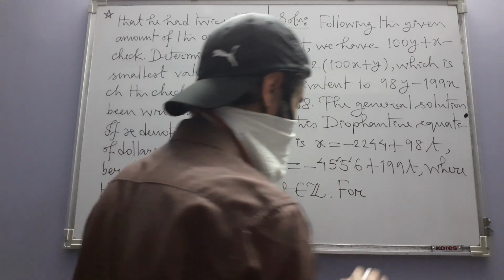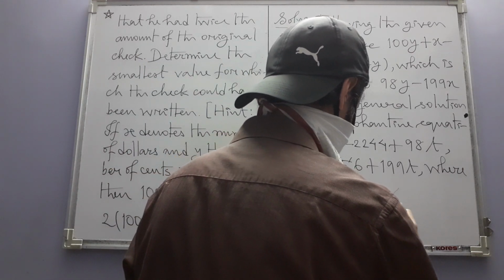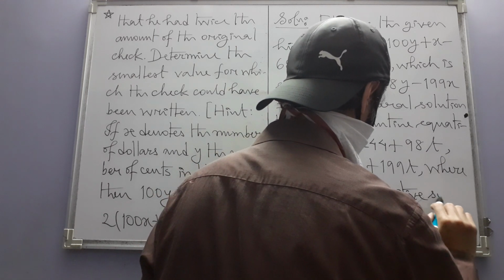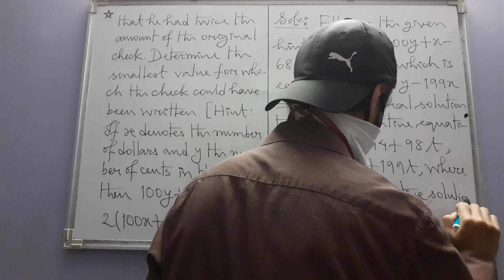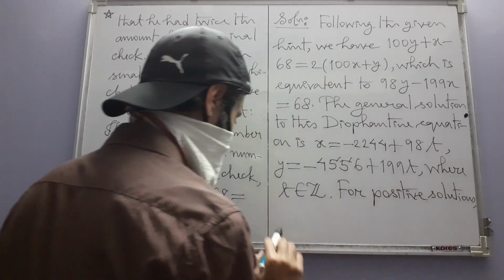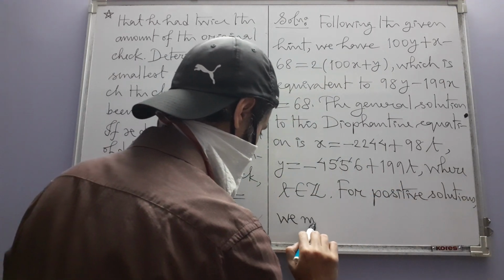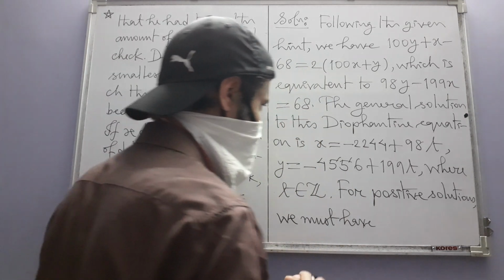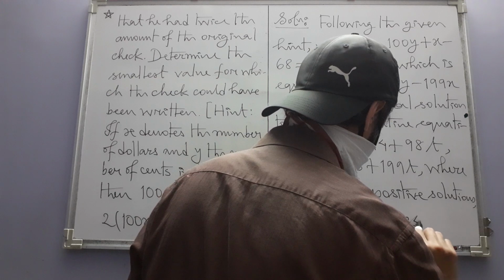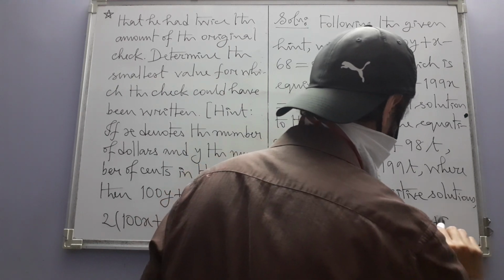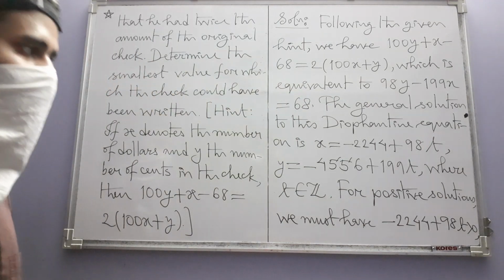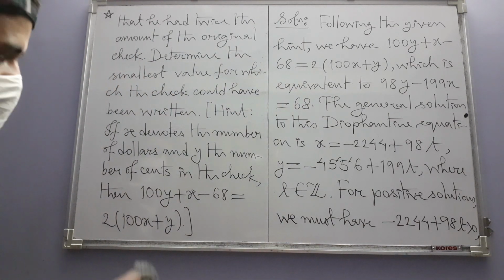For positive solutions, we must of course have minus 2244 plus 98T greater than 0, and also that one greater than 0.